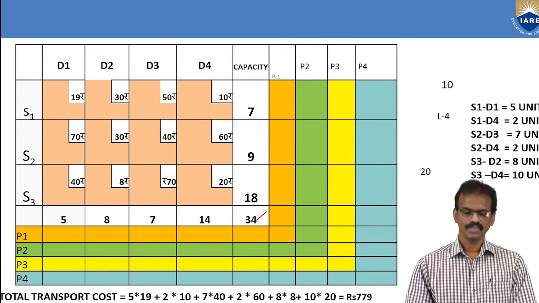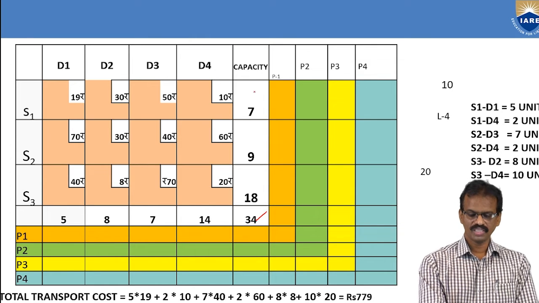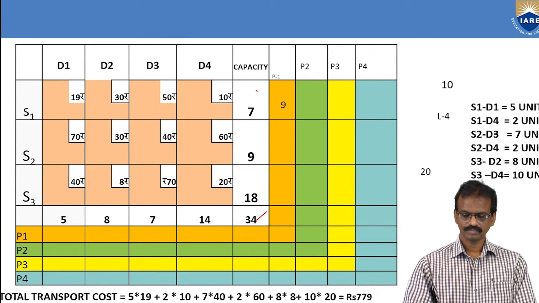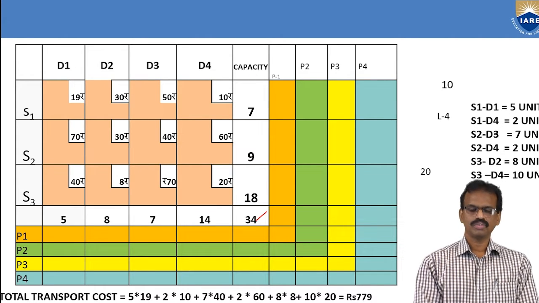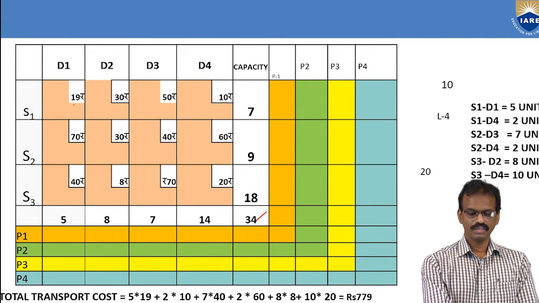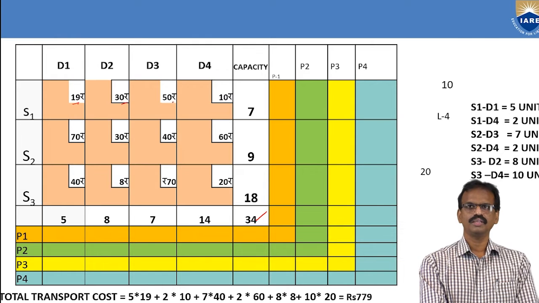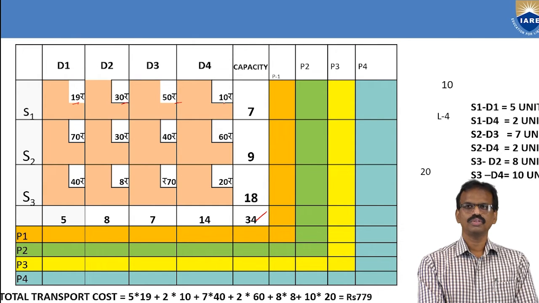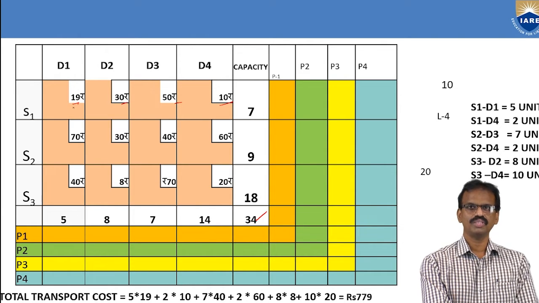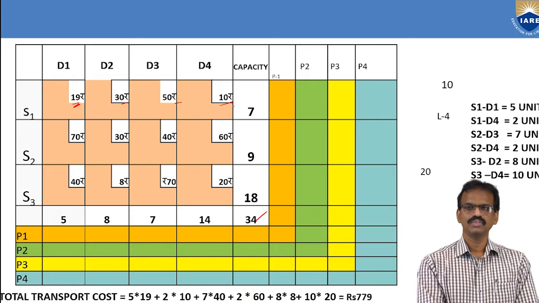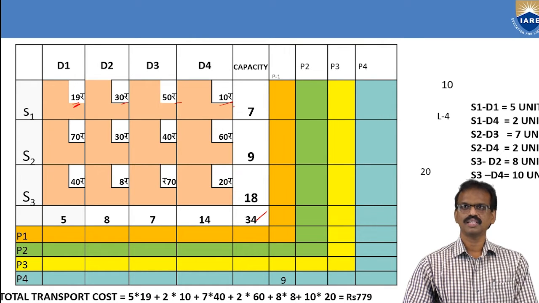First, consider the first row: 19, 30, 15, 10. The smallest value is 10, and the next smallest value is 19. Then you have to take the difference between these two values, 19 minus 10, which is 9.